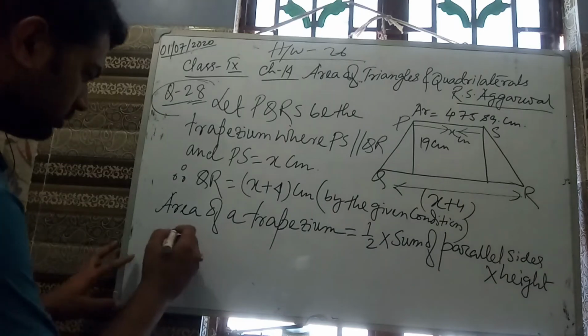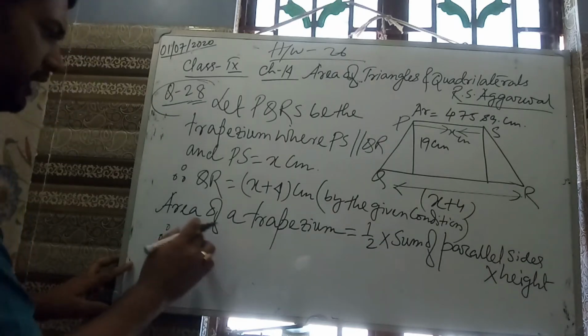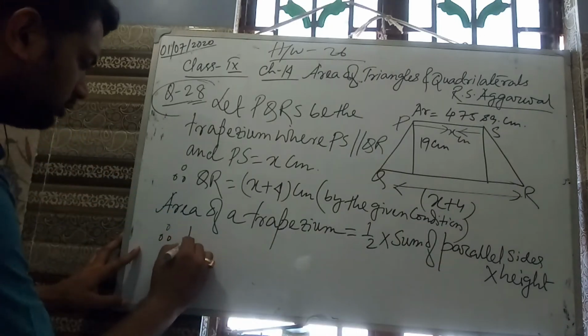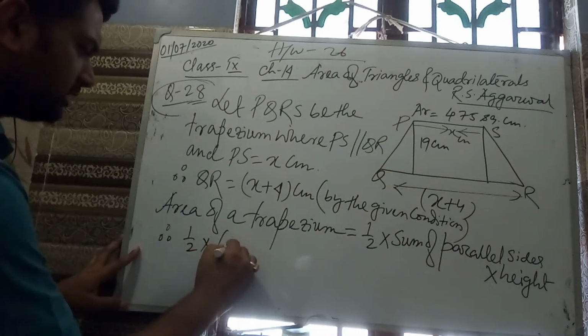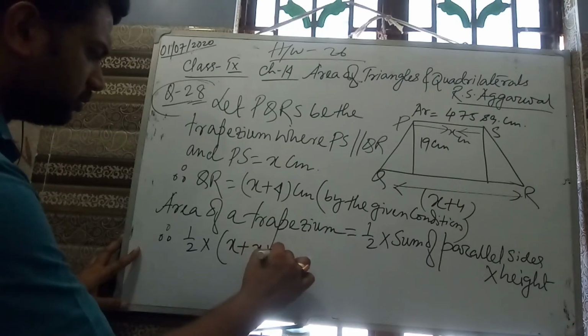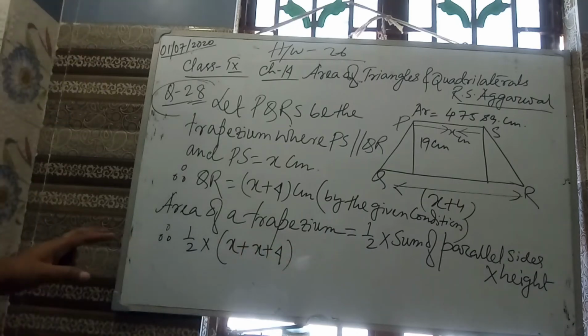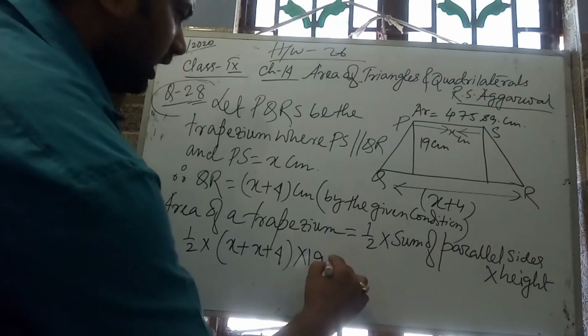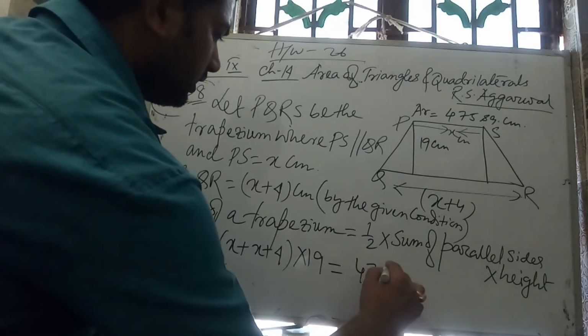Write down, therefore, area of a trapezium is half into sum of parallel sides, x plus 4, into height 19, that is equal to 475.